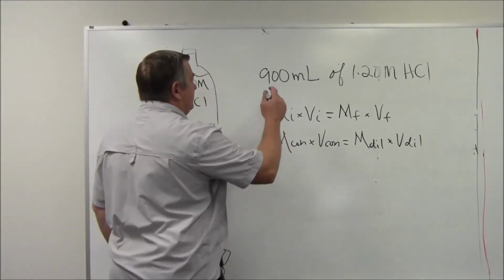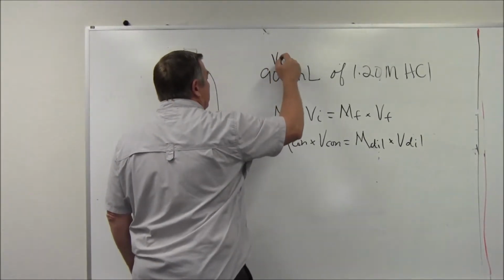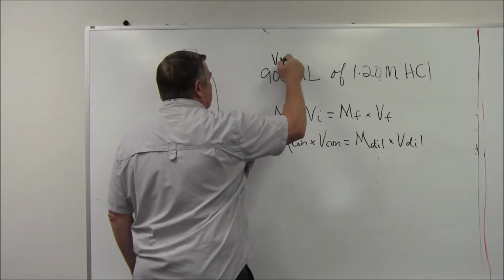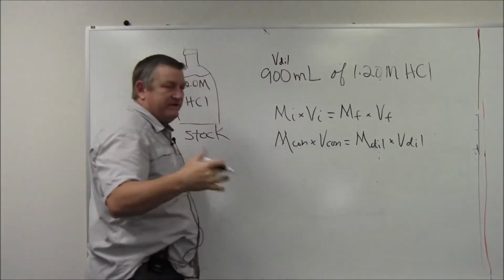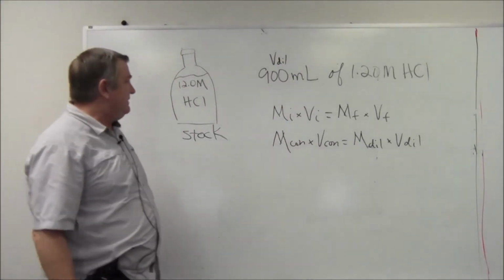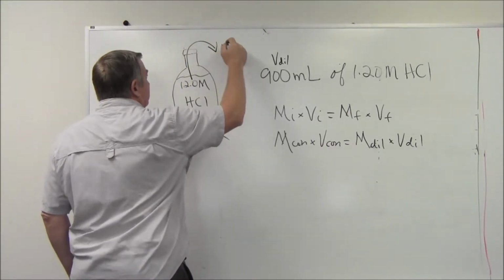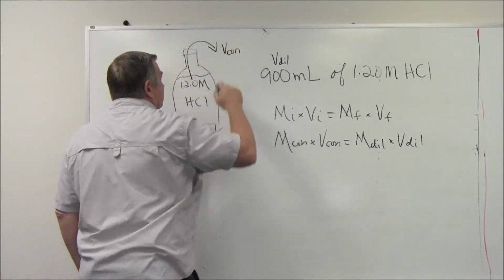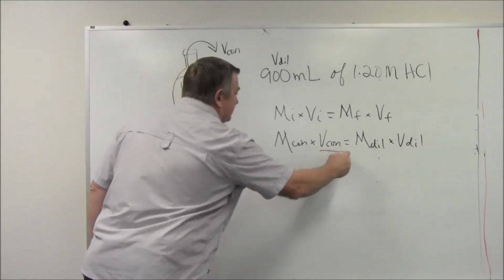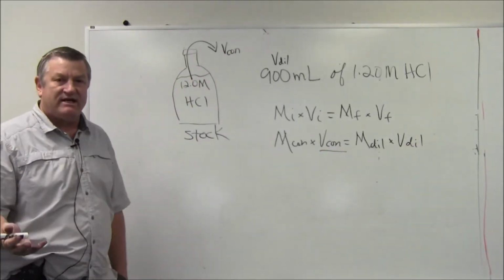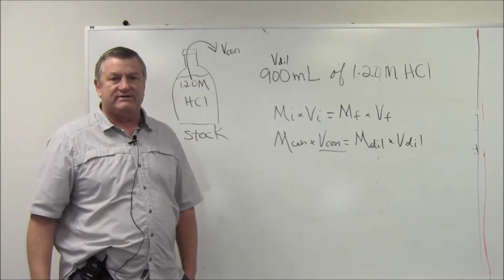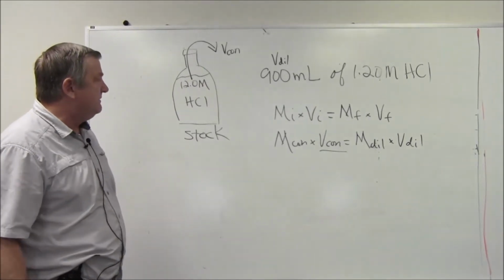So, this is your volume dilute, or final. That's what you want to make it to. So your initial volume is how much you're going to take out of here and dilute. That'll be volume concentrated. So your volume concentrated is how much you need to take out of the stock and then dilute to your final concentration, your final volume, sorry.